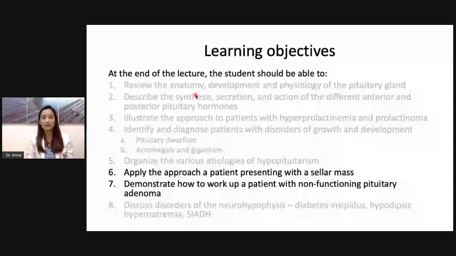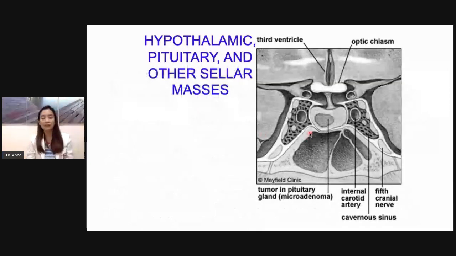So review from your anatomy that any problem with your pituitary can have impacts on the surrounding structures, no? What are the structures closely related to your pituitary gland? Of course, the hypothalamus, your third ventricle, and your optic chiasm, that's why patients will have visual changes.